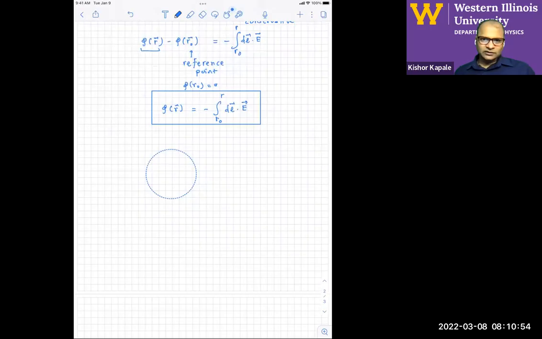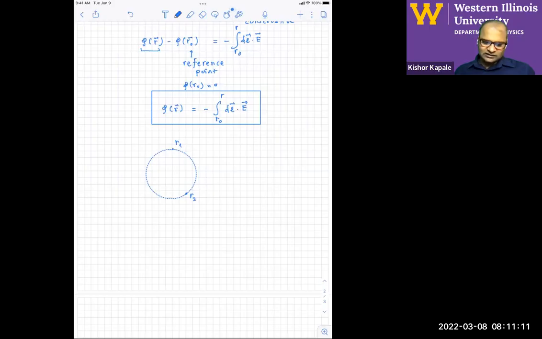And we want to take 2 points. One is here, R1, another one is at some arbitrary location R2. Both of them lie on the equipotential surface.